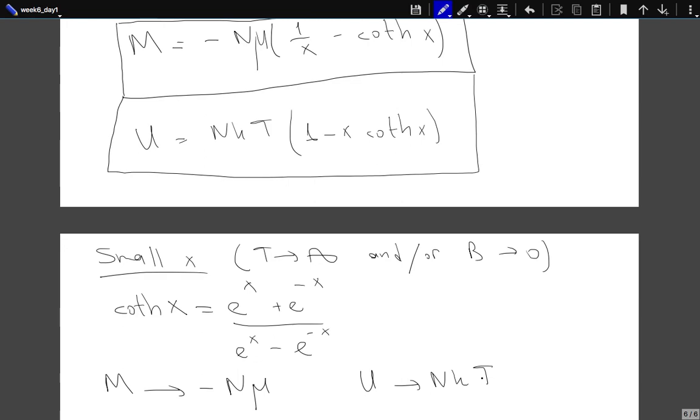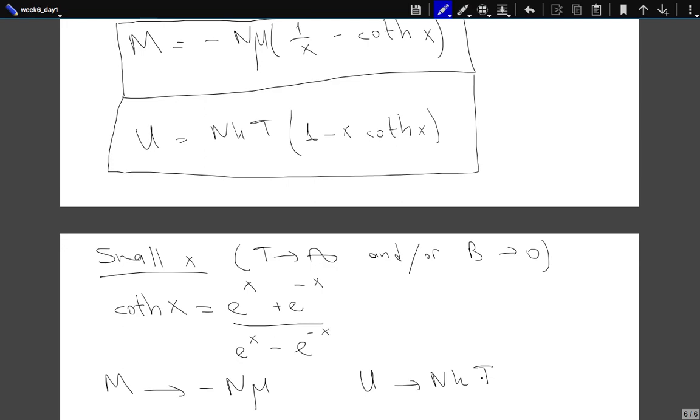In the expression that we obtained, which is obviously wrong, so we should go back and correct it, the maximum energy that a dipole can have is just mu times B. If we have N of them, the maximum energy should be mu times B times N. But that's not what we obtain. So obviously there's something wrong.